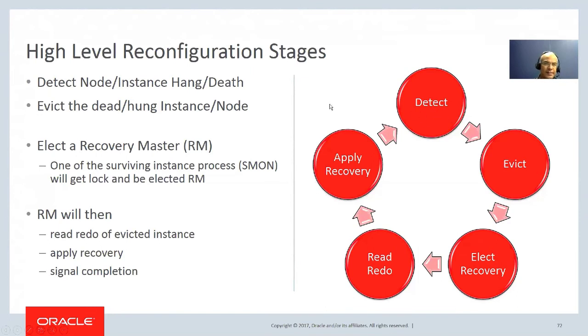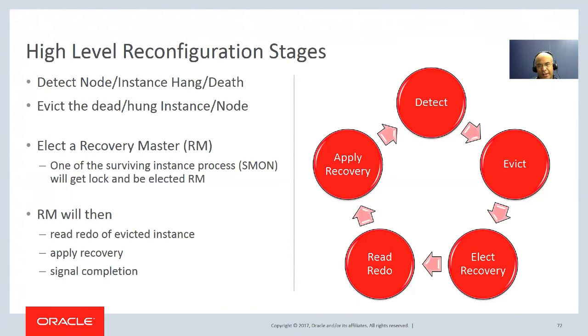So as it says, detect means if somebody is evicted, we need to know, because how we detect depends on what kind of issue occurred. Regardless, the clusterware components like CSS or the agent, or the RDBMS components like LMON or LMS, will get notified that, hey, I can't send this message to this node that was there a couple of seconds ago.